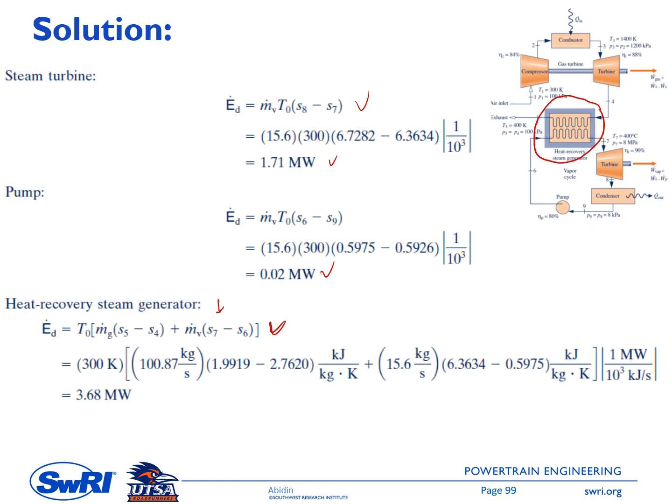You will need to use this formula: T0 times m dot g times delta S from the gas side plus m dot v times delta S from the steam side. Just plug in all the numbers and you will get 3.68 megawatt.